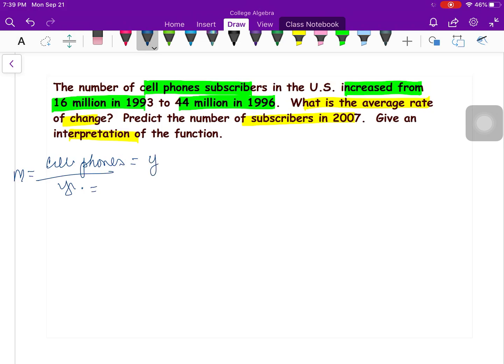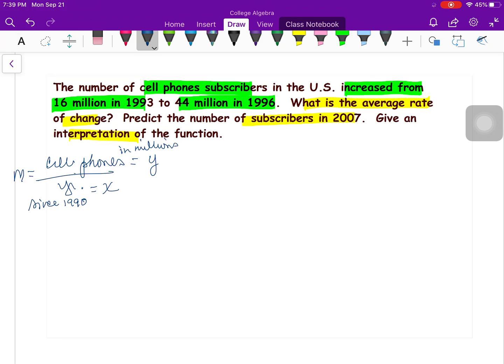Slope is y's over x's. So I'm going to say the years since 1990, and I'm going to say cell phones in millions. So my x is my year.